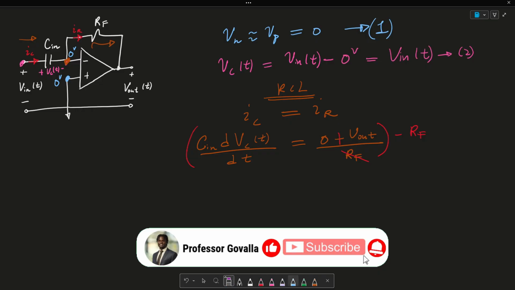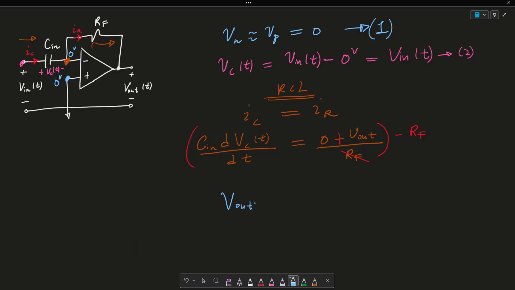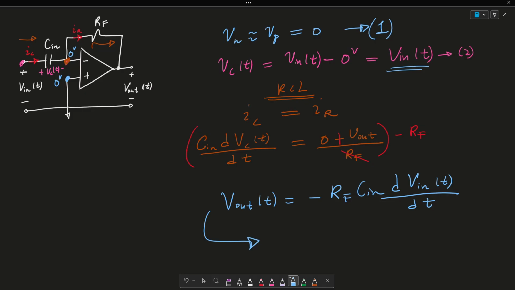Therefore, I get that V out of t is equal to minus RF Cin times the change in Vc, which again is just V in of t, so d V in of t over dt. And this here is the equation for the differentiator circuit. I'm going to just box it up.